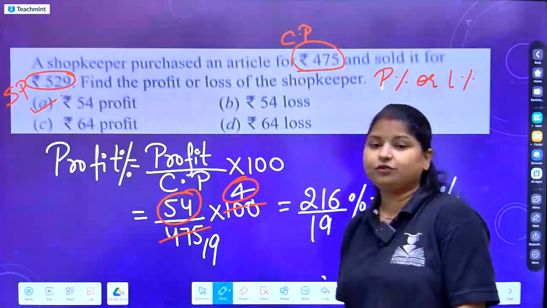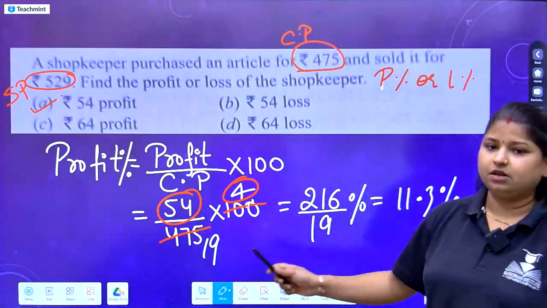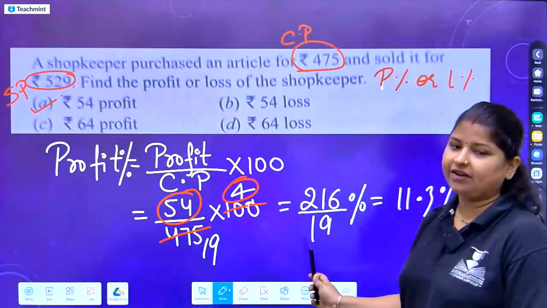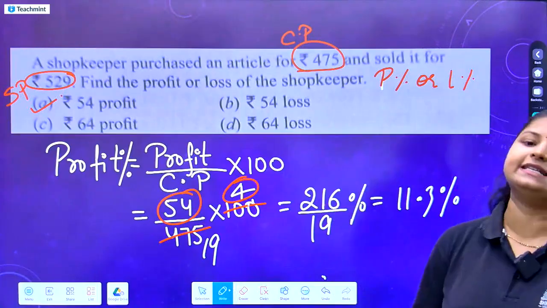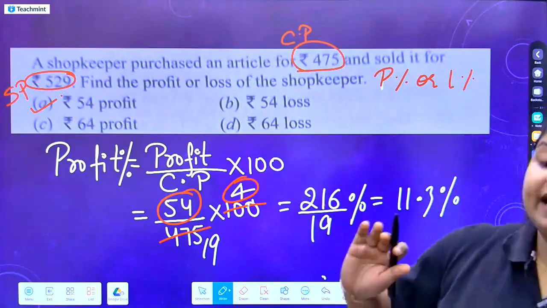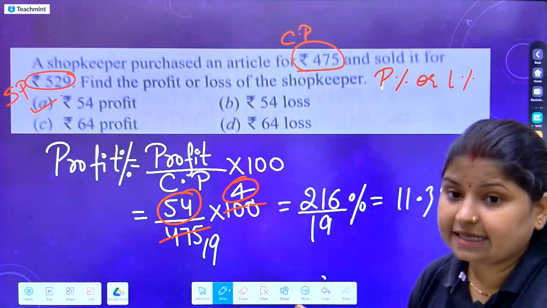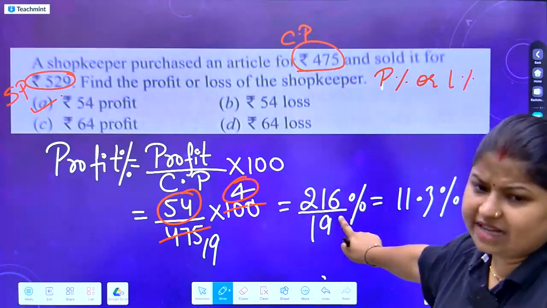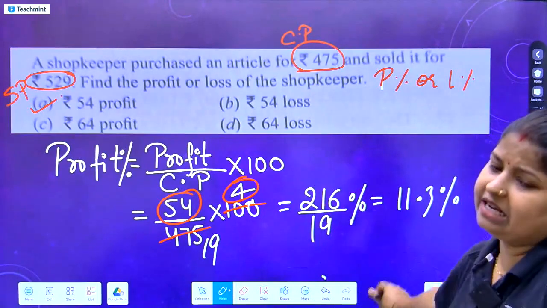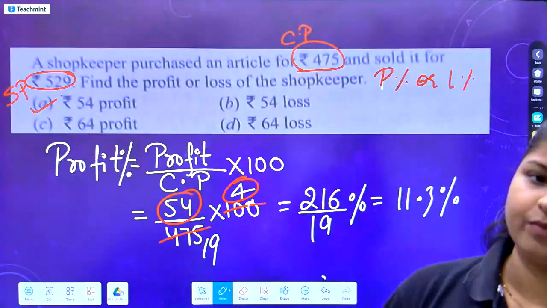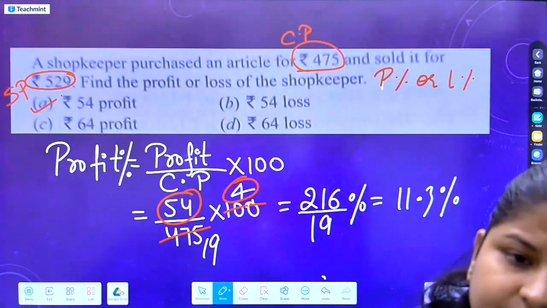So 54 into 4 is 216 and denominator I have 19. So 216 upon 19% is my answer. If I convert this in decimal, I will divide 216 by 19. Divide it, you will get approximately 11.3%. Yes, Ajish?